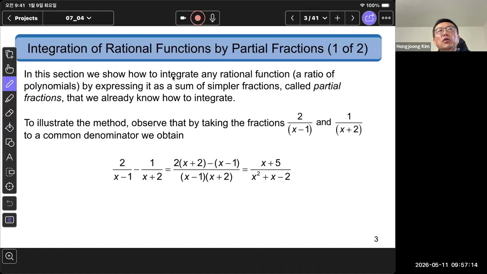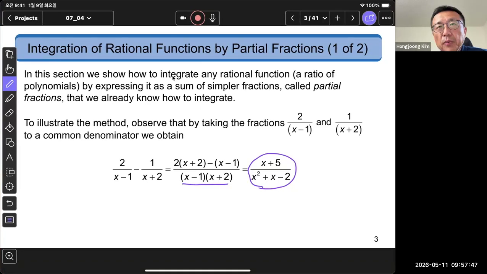Now, we want to integrate such rational functions. Okay, so for example, 2 over x minus 1 or something like this. x plus 5, x squared plus x minus 2, those are polynomials. So if you divide one polynomial by another polynomial, then that will be a rational function. As I said, x squared plus x minus 2 is split into the product of x minus 1 times x plus 2.